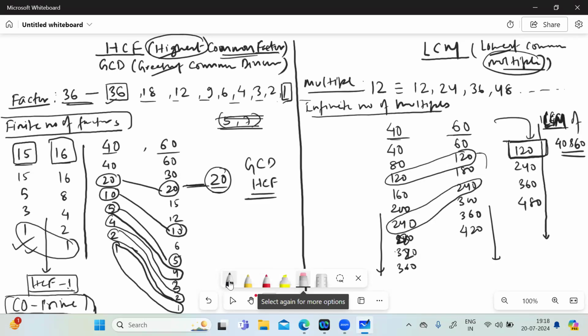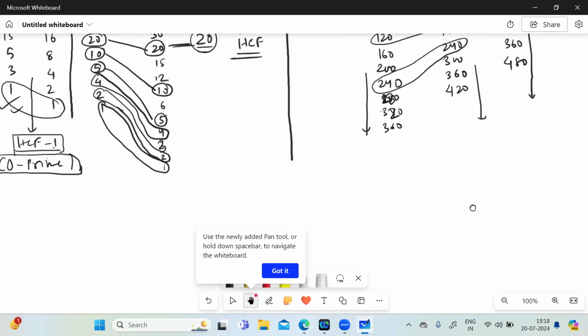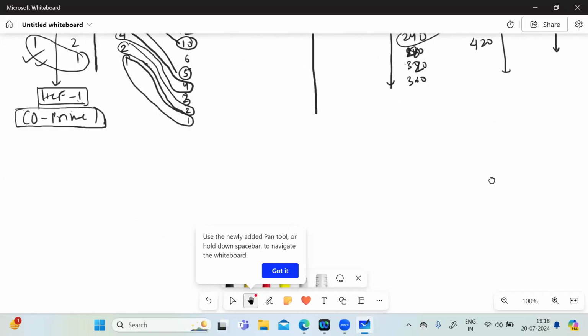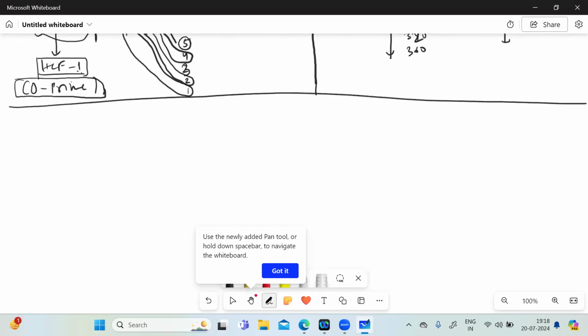Now we will try to find different ways to calculate HCF and LCM, and we will have reasoning for all the methods.